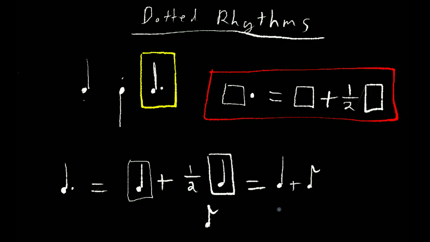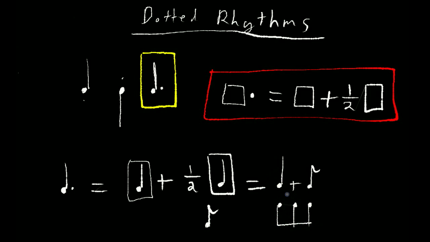Altogether, this equals the amount of space that 3 eighth notes would take up. I hope I'm not confusing you by drawing those beams together. We had a video on beaming notes, and I'm just beaming together 3 notes to show that I've got 3 eighth notes here.